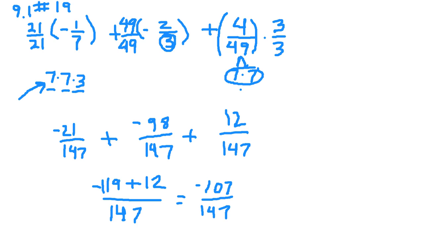So it's not divisible by 7, and I can tell it's not divisible by 3 because I can add the digits here. 1 plus 0 plus 7 is 8. 8's not divisible by 3, so 107 can't be. So we are done. Okay. You can't simplify it.